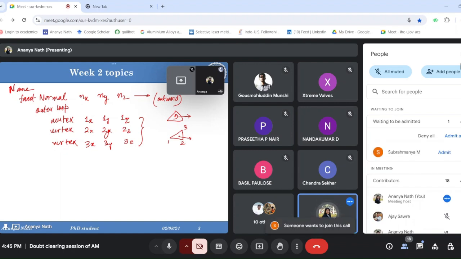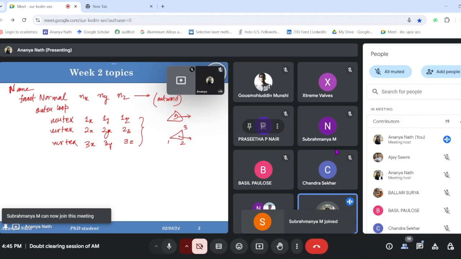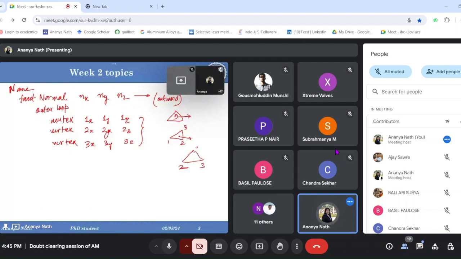So if we are making a triangle like this, 1, 2, 3, you just write it in this way, like 2, 3, 1 or 1, 2, 3, just not in the other way. Okay.